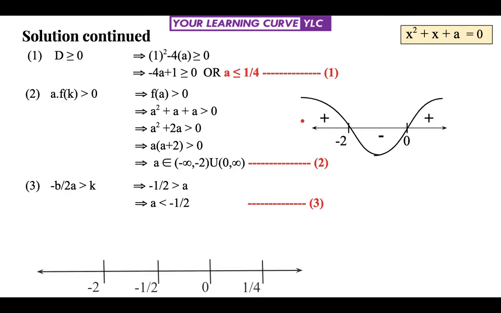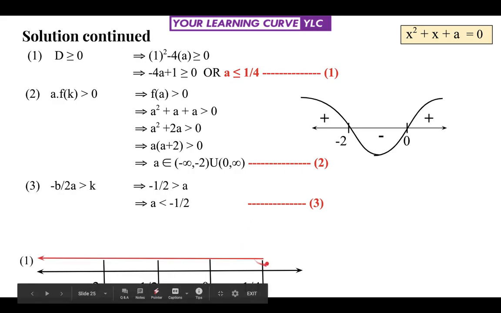Now let's plot these numbers on the number line. So here there are 4 numbers involved, 1 by 4, minus 2, 0 and minus half. All the numbers are plotted on the number line in the increasing order, remember. First inequality is a is less than 1 by 4.